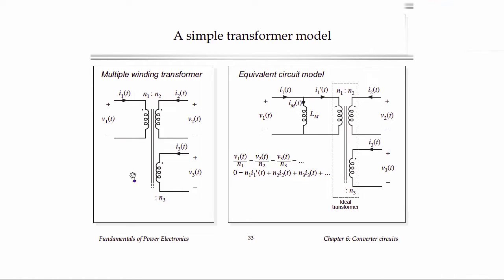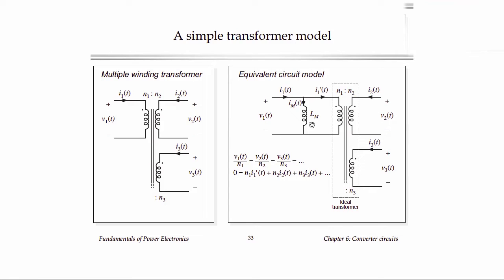To understand how a converter works that contains a transformer like this, we need to first model the transformer and to write a set of equations that describe its behavior. What we're going to do is to employ this equivalent circuit model for the transformer.